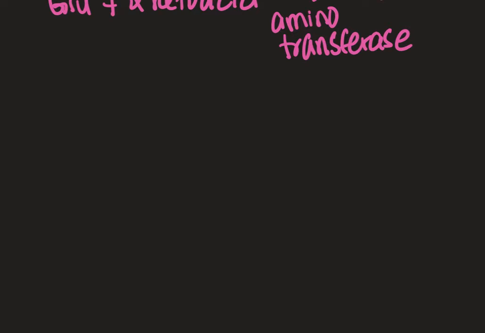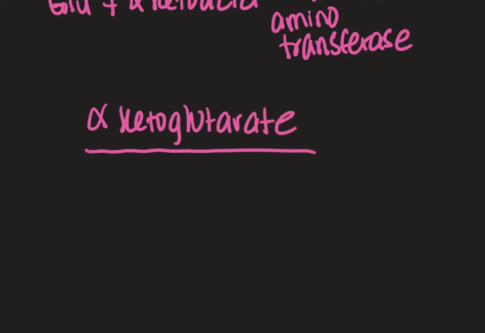The only thing that I really want to mention is that amino acids are grouped into different families according to the metabolic intermediates that serve as their progenitors. So the most basic of these are the alpha ketoglutarate family amino acids, and as we recall, alpha ketoglutarate is part of the citric acid cycle.